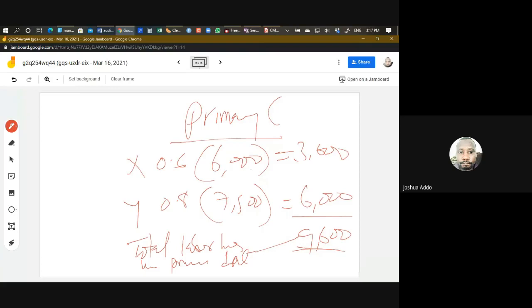And this is how you have to derive it. By this, you should also be thinking of the various styles that the questions may come with. Some questions can be very friendly. They might have given you the total labor hours under each of the departments straight away.